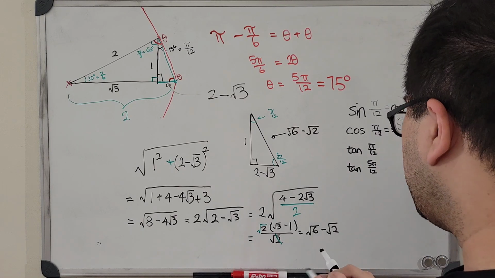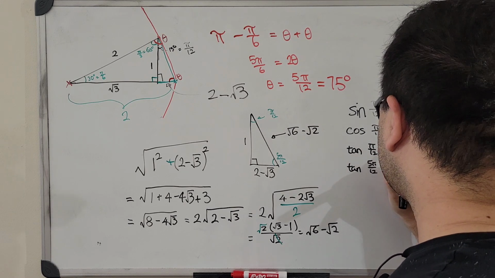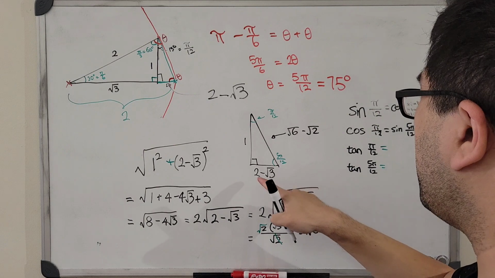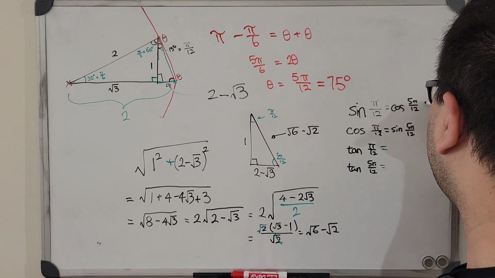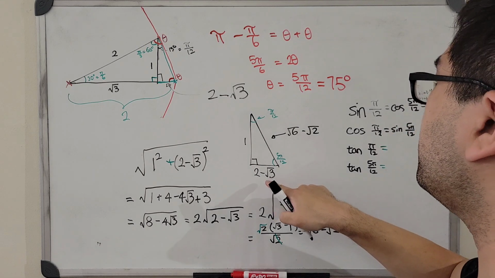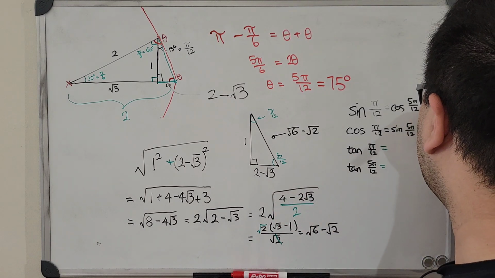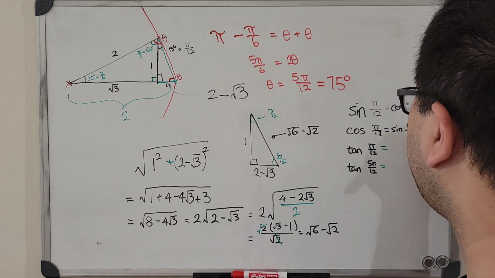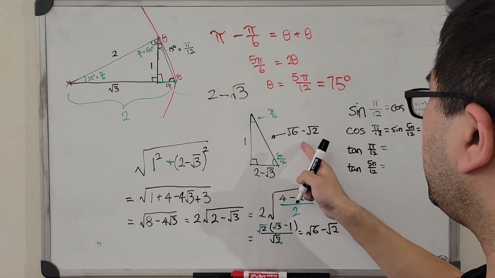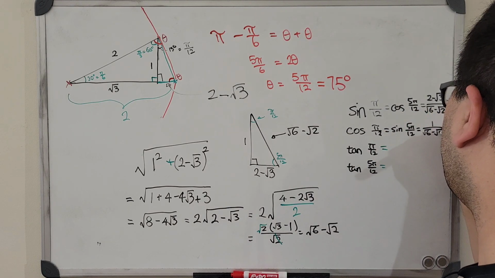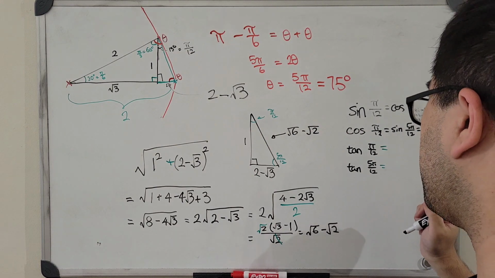And again, by definition, sine is equal to opposite over hypotenuse. So we have 2 minus radical 3 over radical 6 minus radical 2, and we can just try to simplify it to get the result. And here we will have 1 over radical 6 minus radical 2.